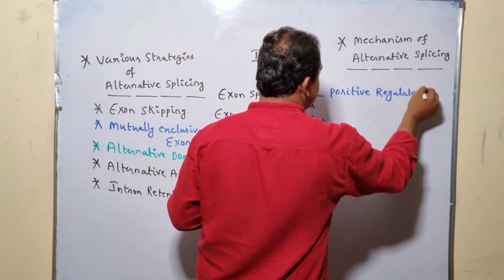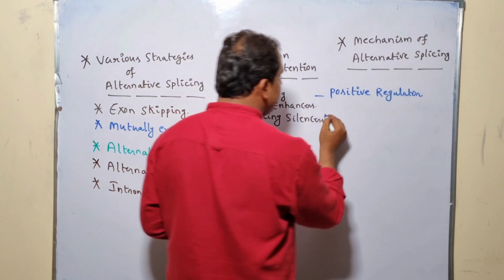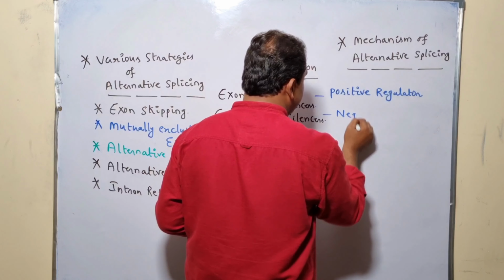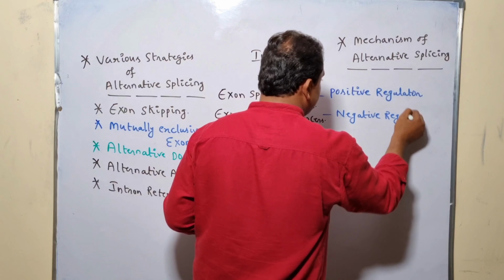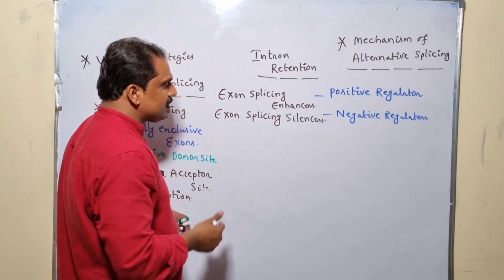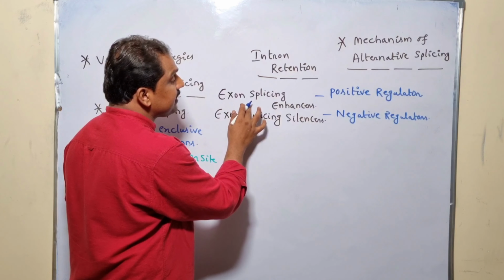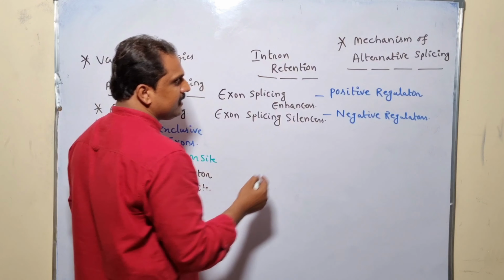And whereas exon splicing silencers, they are the negative regulators. Negative regulators. Is it clear? So here the exon splicing enhancers are responsible for promoting the exon inclusion.